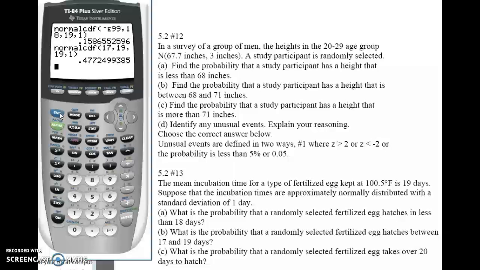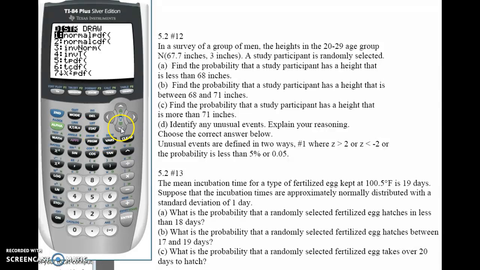Then the last one on this problem is, what's the probability that a randomly selected fertilized egg takes over 20 days to hatch? So second VARS, normal CDF, goes from 20 days, comma, second E99, comma, 19, comma, 1.